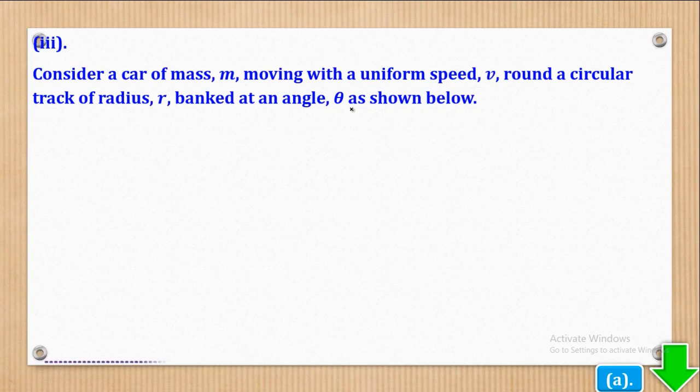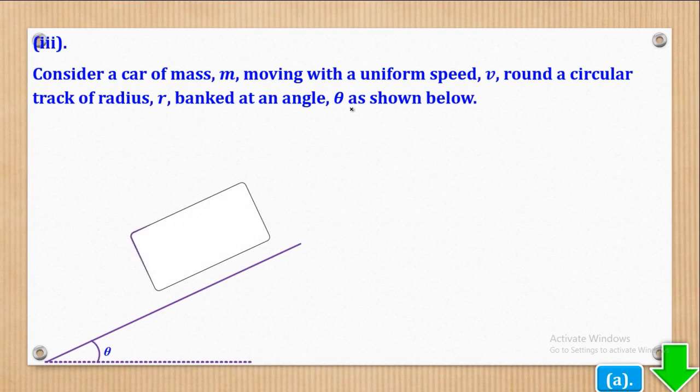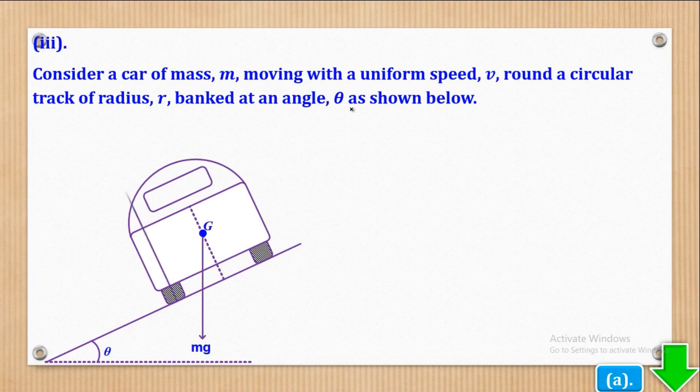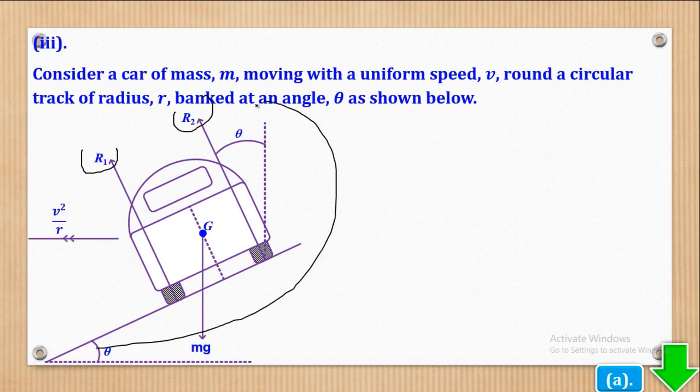So you come and draw a sketch of the forces acting on the car. So we have the weight, which is mg, we have the normal reaction for this tire and also for this tire. Then by geometry, this angle is the same as this angle. Then centripetal force acceleration must act towards the center of the circular motion.